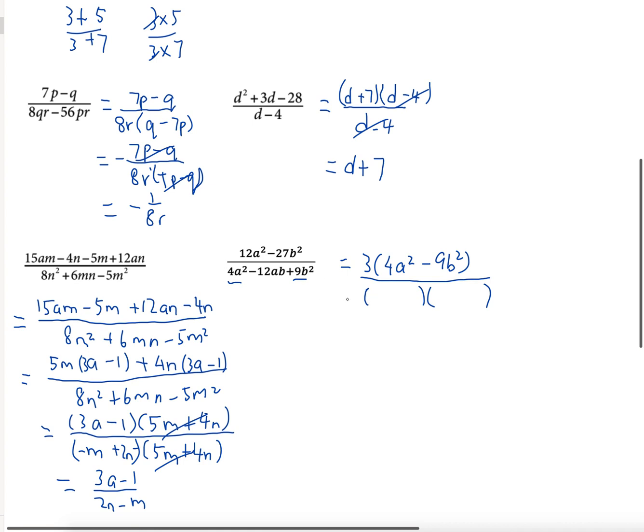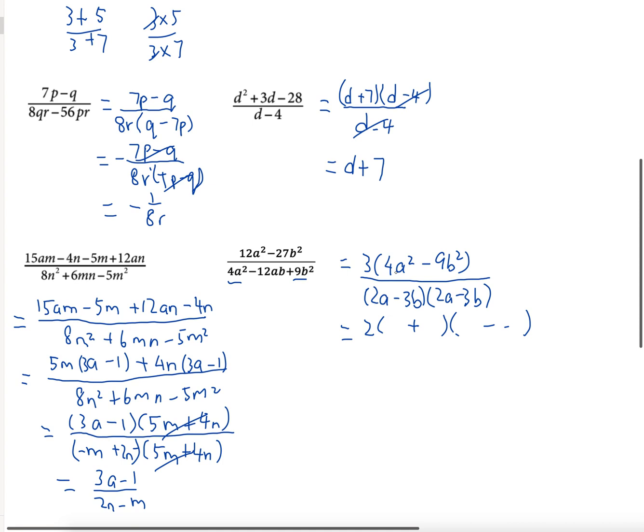To get 4a squared is 2a times 2a. And to get 9b squared, we have 3b times 3b. And since the middle term is negative, it is a negative perfect square. Okay, so we have 2a minus 3b in the denominator, meaning that we should have a 2a minus 3b in the numerator. So when we factorize, we know that a difference of two squares will give us a positive binomial and a negative.